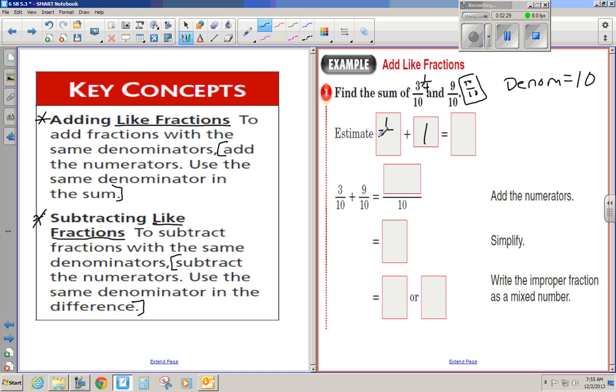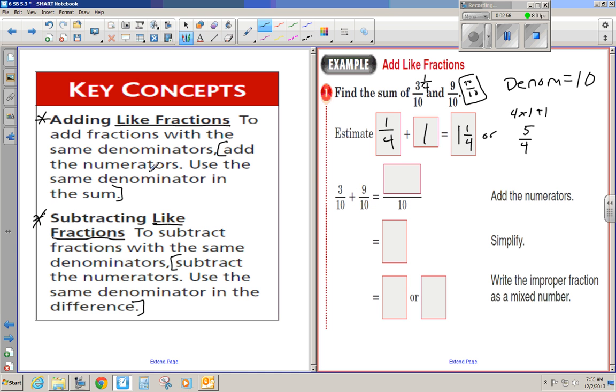So this would be about 1/4, which means my answer would be 1 and 1/4. Or, let's see, as an improper fraction it would be 4 times 1 plus 1. That would be 5/4.